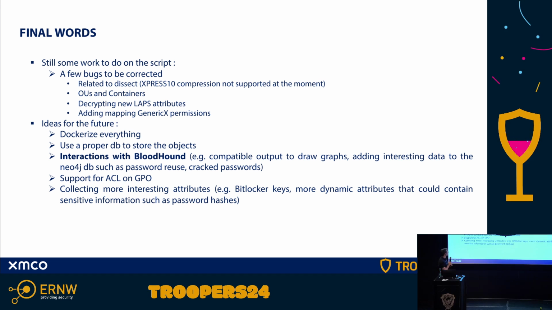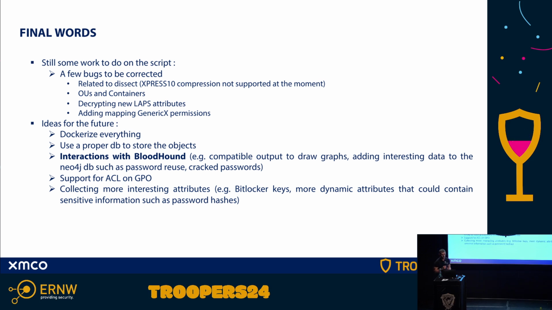Also, we think that we have some work to do on the ACLs for some containers or GPOs, so that will also be something for the future, and maybe collecting even more interesting attributes. Bastien talked about dynamic attributes like LAPS, but other tools from vendors can also modify the schema of the Active Directory.